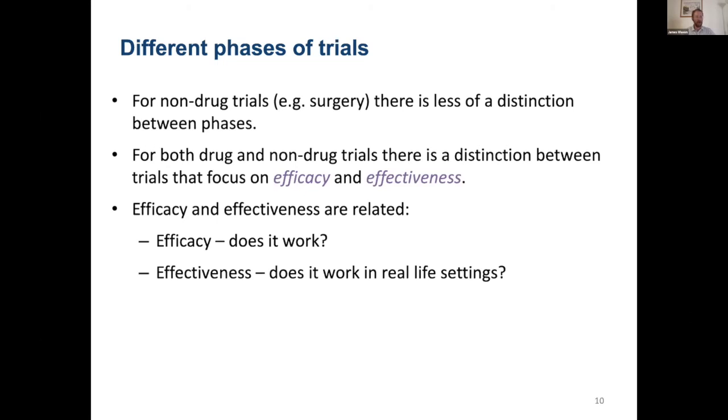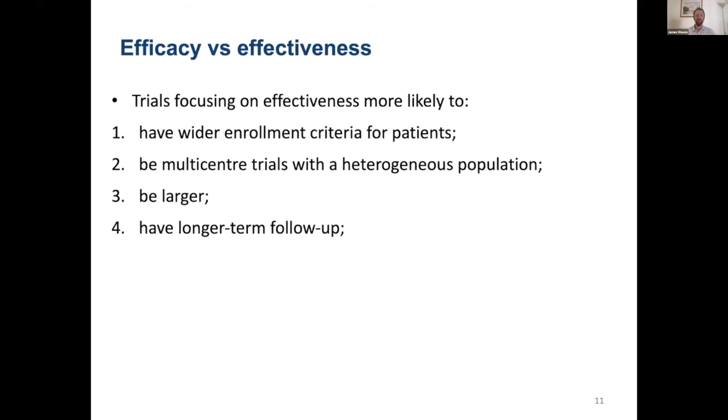And generally you can't get effectiveness without efficacy, but you might have efficacy without leading to effectiveness if, say, the drug is efficacious and it works if the patients take it, but it's so much of a burden to take that it's not actually effective because no patients take it in practice.